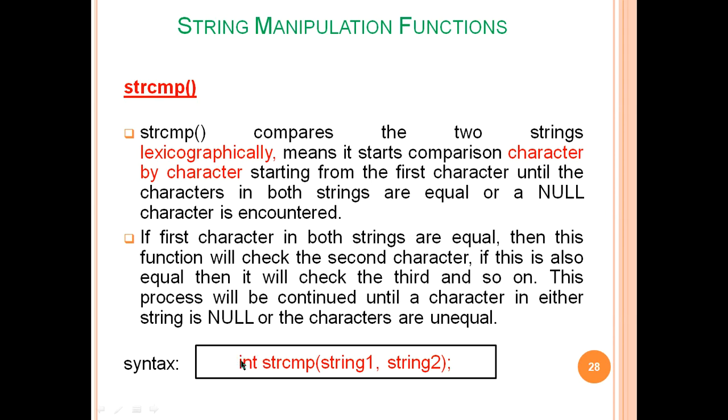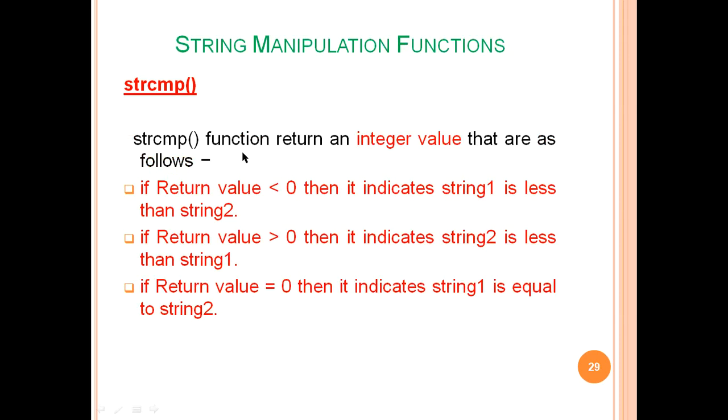Look at the data type. The string compare function returns an integer value. What are you comparing? String 1 and string 2. Since it returns an integer value, how does it compare? If the first string is greater than the second string, the value is positive. If the first string and second string are equal, it is 0.